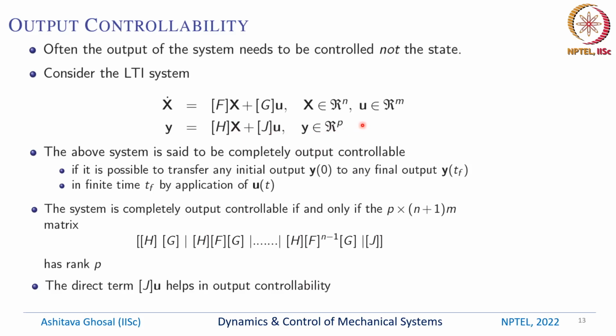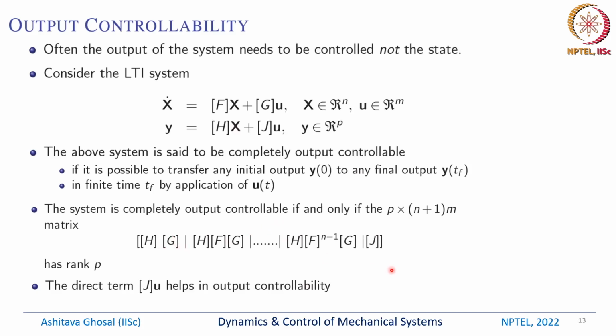So we are making p measurements out of the available n states, and we obtain a matrix which must include H, F, G and also J. The first part is H into G, then H into F into G, you concatenate these, and all the way you concatenate H into F to the power n minus 1 into G and finally J. So this complicated looking matrix must have rank p.